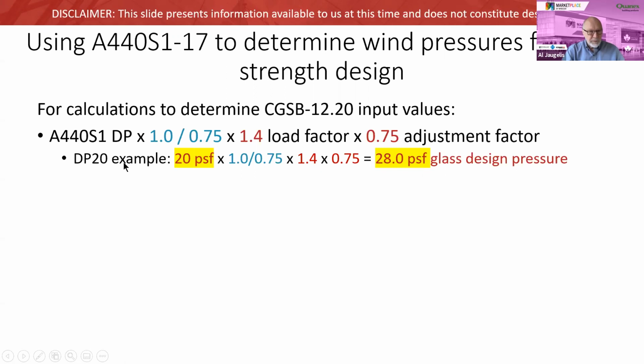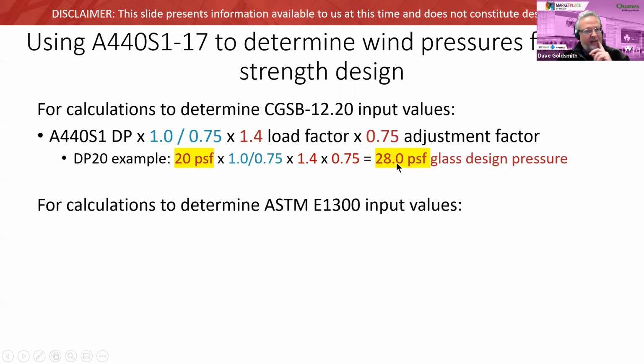If we apply that calculation to a DP20 window, we would have to design the glass in that window under the CGSB standard for a wind pressure of 28 PSF on the glass.